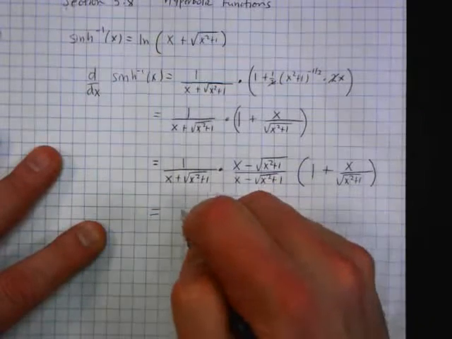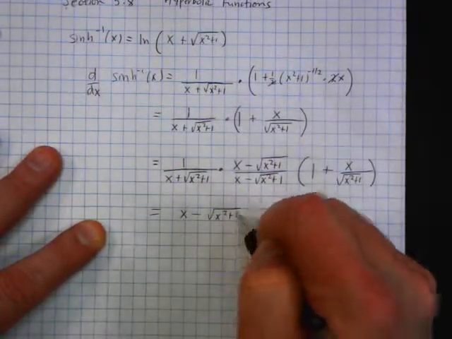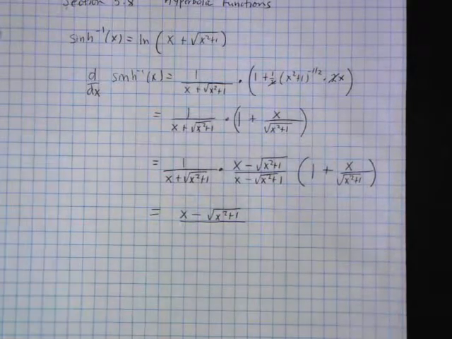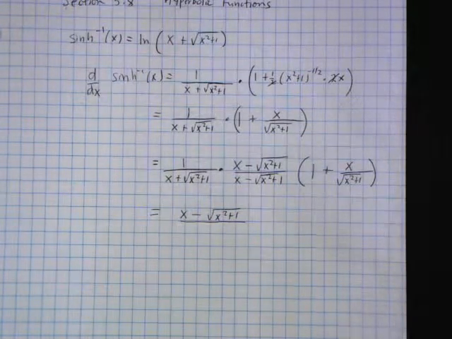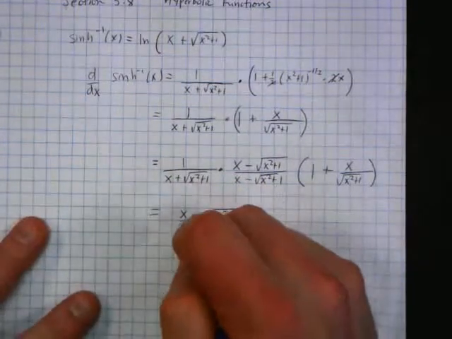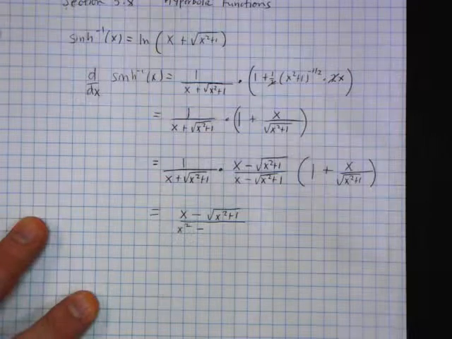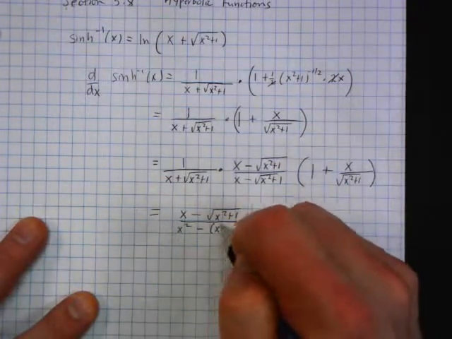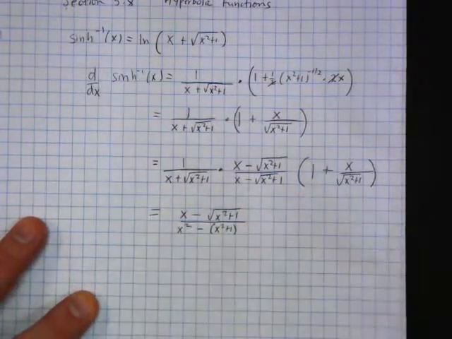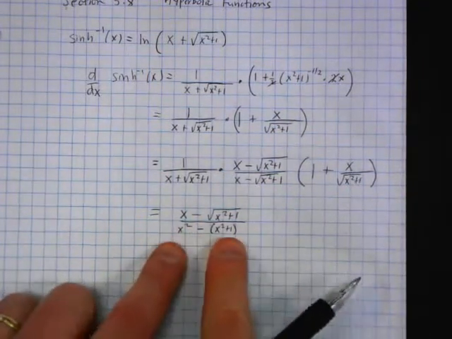I have x minus the square root of x squared plus 1 divided by, what do I get on bottom? x squared minus x squared plus 1. So it would just be negative 1, wouldn't it be?